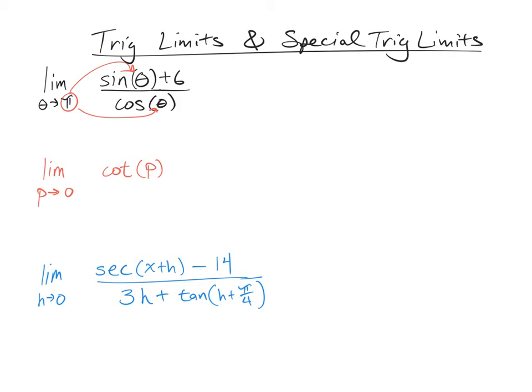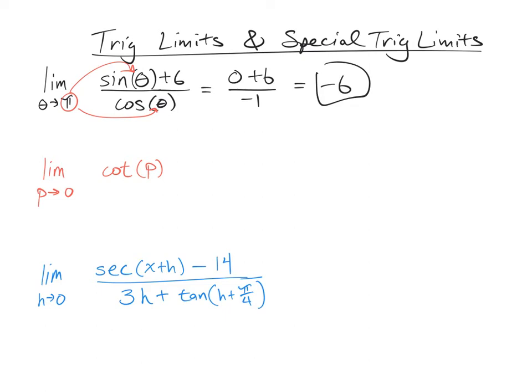And if there's no divide by 0, then there's no chance of getting 0 over 0. So we can just substitute this in and get the sine of pi is 0 plus 6. And I already mentioned that the cosine of pi is -1. So this ends up being -6.